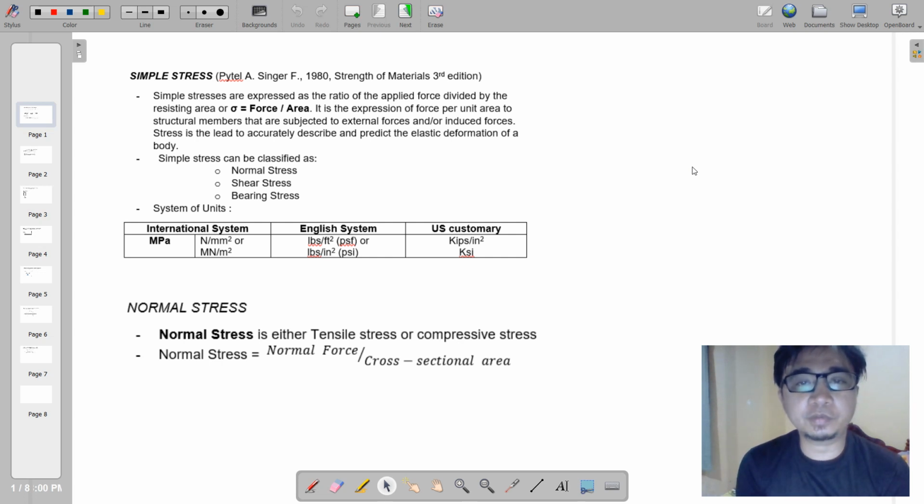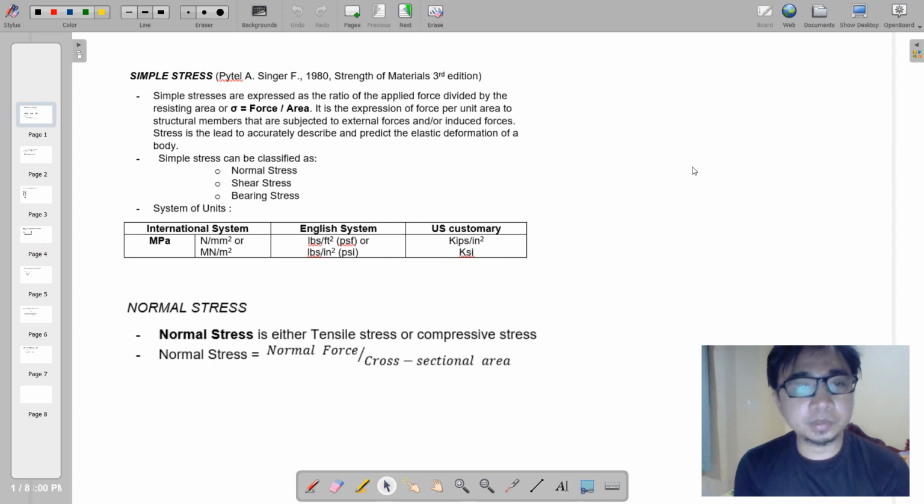This is the expression of force per unit area for structural members that are subjected to external forces or induced forces. The external forces are the applied loads. Okay. What is the effect of these external forces? It is actually the resisting forces. Stress is used to accurately describe and predict the elastic deformation of a body.